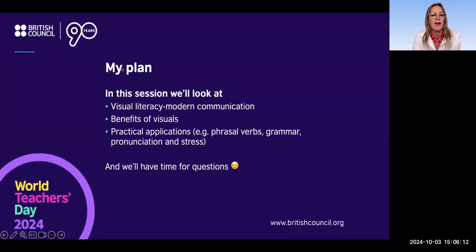It will be a very practical session, and we will see ways in which we can use visuals to teach vocabulary, which is perhaps the obvious application, but also phrasal verbs, grammar, pronunciation, and stress. And then at the end, of course, we'll have time for questions.